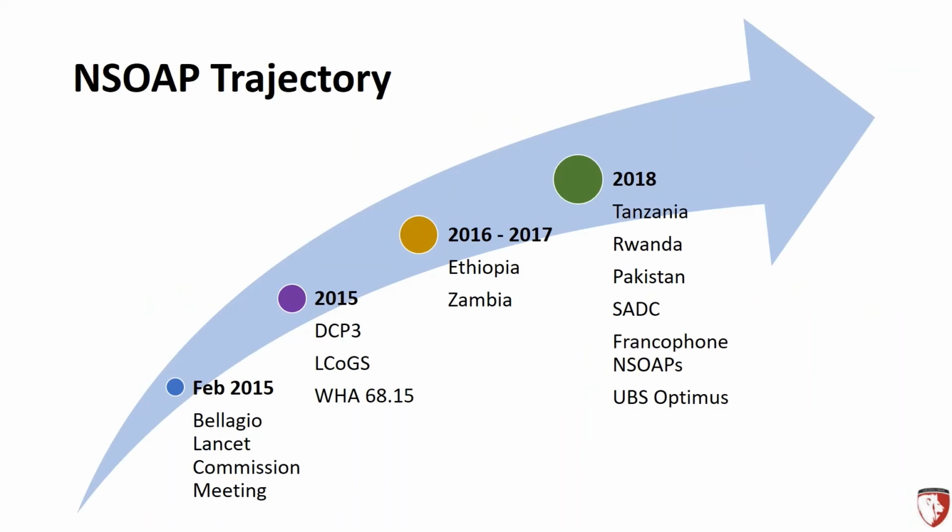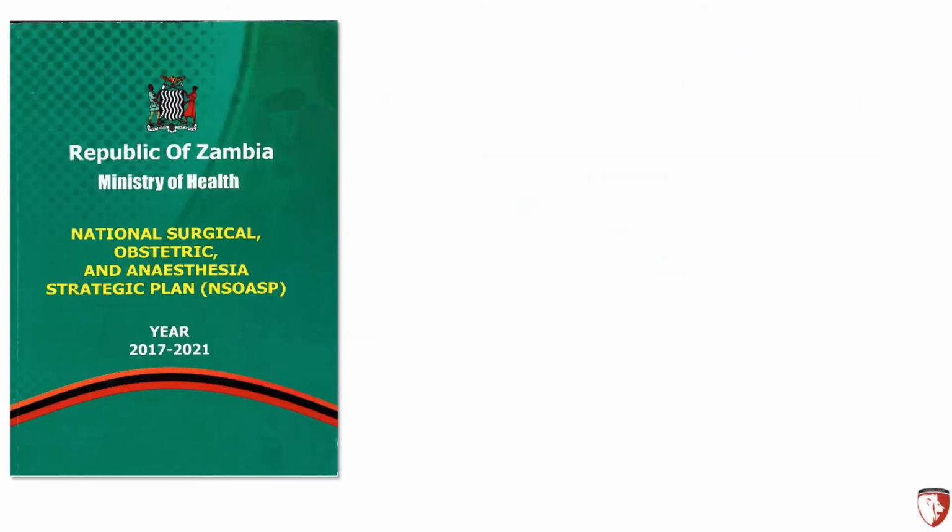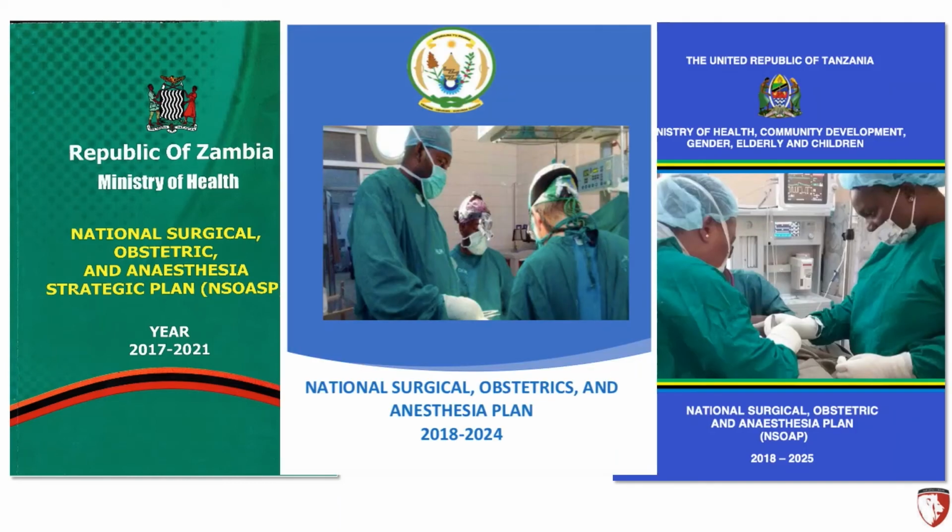To date, several countries have developed and launched NSOAPs. Over the past years, Zambia, Nigeria, Madagascar, Tanzania, and Rwanda have completed plans through the Ministry of Health-led approaches. Senegal began their national plan prior to 2015, and is currently in the 5th year of implementation.